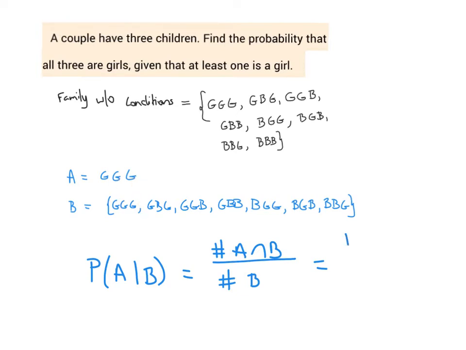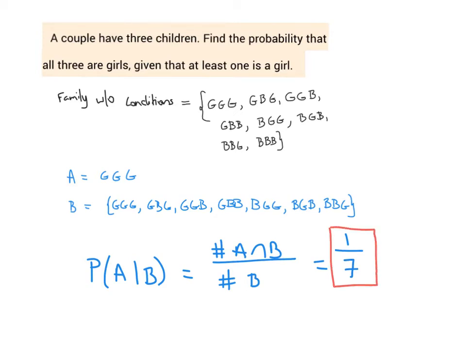And that is going to be over a total, how many have we got in here in B? 2, 3, 4, 5, 6, 7. So our answer is going to be 1/7. Okay, and that's it here.